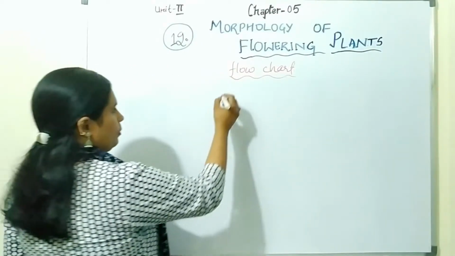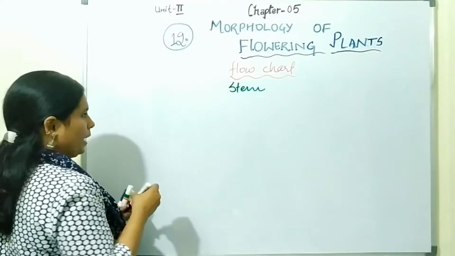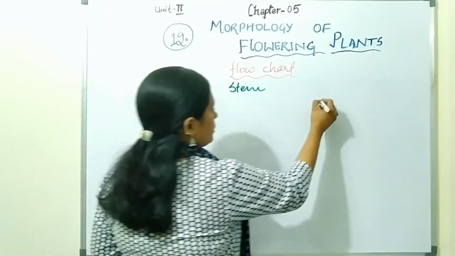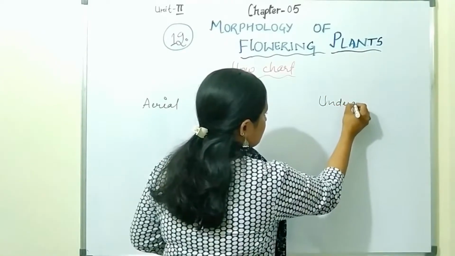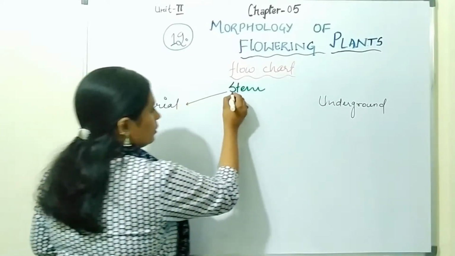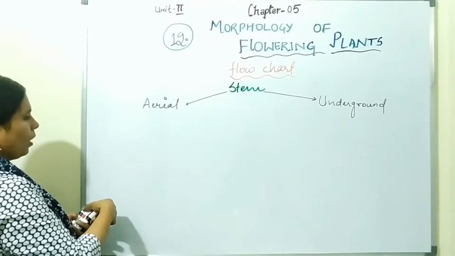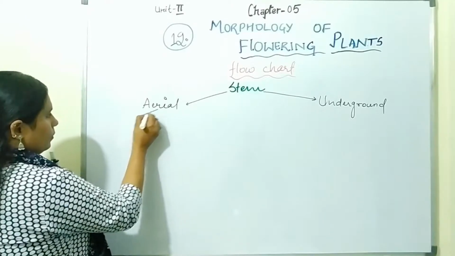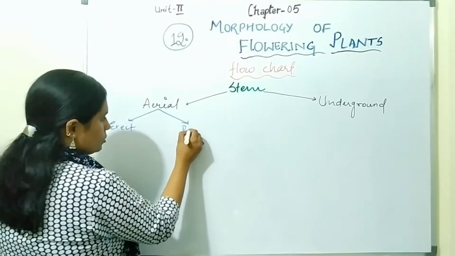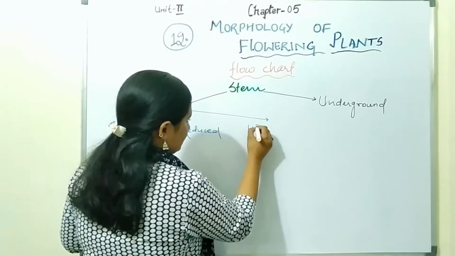So we are talking here about the stem. Stem can be of two types. One is aerial and the other is underground. Now in aerial stem we have read about erect stem, reduced and weak.